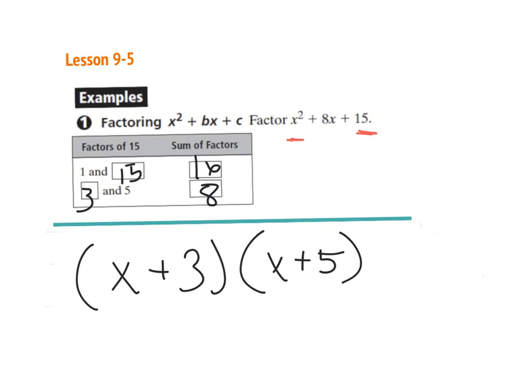These take a lot of practice, and if you're really struggling with this, I would say go back and FOIL about another 50 binomials times binomials. You really need to practice this. Lots of practice will get you better at factoring, okay?